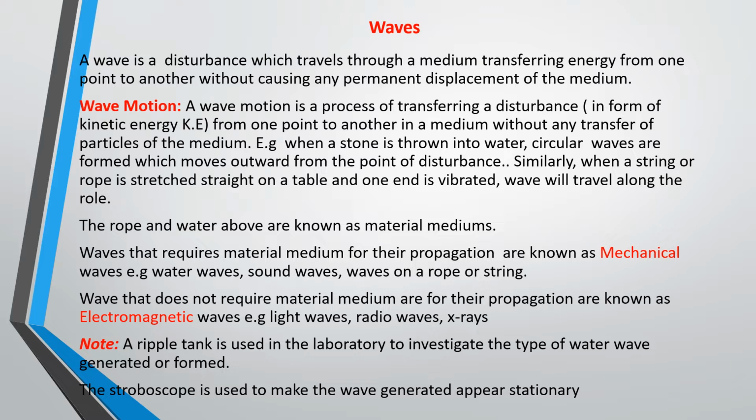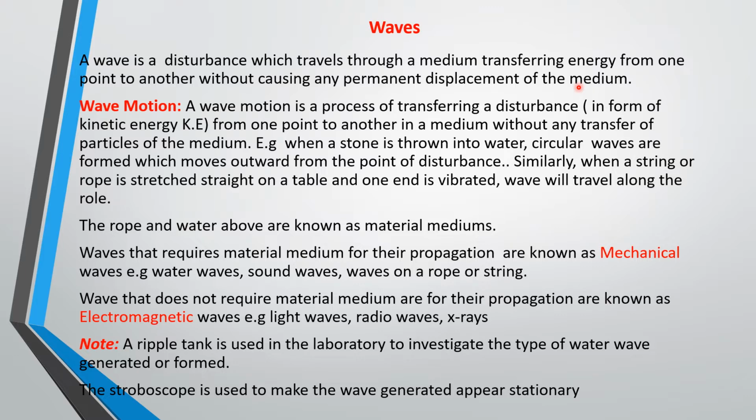Alright, so what is a wave? Simply put, a wave is a disturbance which travels through a medium, transferring energy from one point to another without causing any permanent displacement of the medium. You can experience it if you agitate a water body. If a water body is calm and you throw a stone on it, from the point where the stone lands on the water, you see ripples of water spread out.